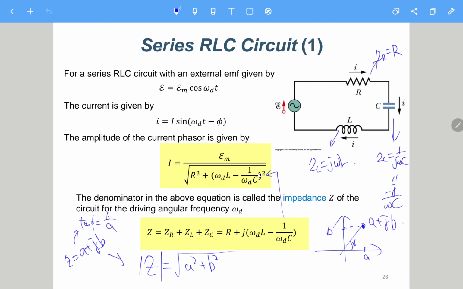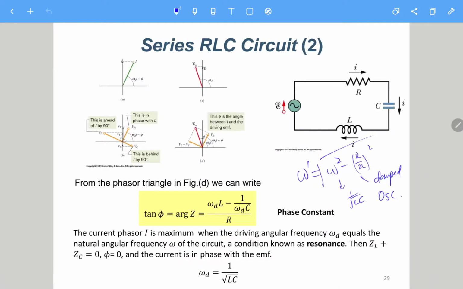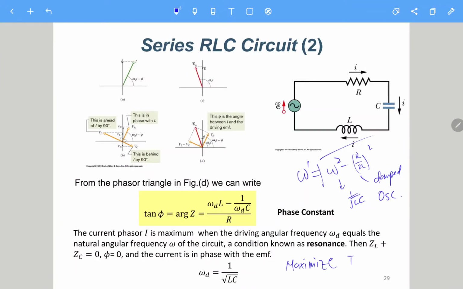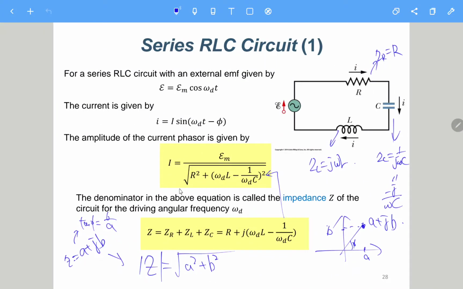You should try to make this term 0 to make the denominator the minimum, and then if the denominator is the minimum, this whole term is the maximum. So you try to maximize I here. In that case, you need to minimize the denominator.